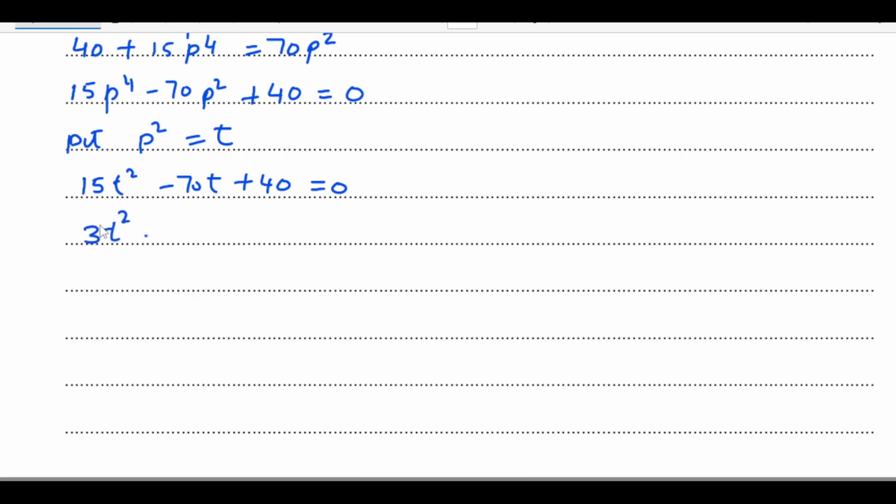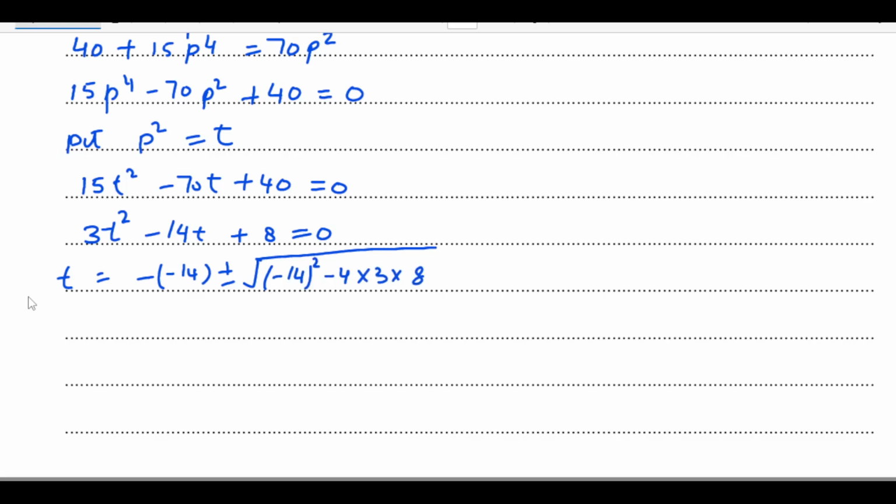Dividing by 5, this is 3t^2 minus 14t plus 8 equals 0, right? So t is going to be, using the quadratic formula, minus b plus minus the square root of b squared, b squared is negative 14 squared, minus 4 times 3 times 8, over 2a, a is 3.